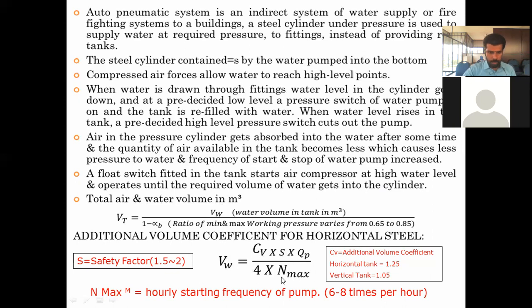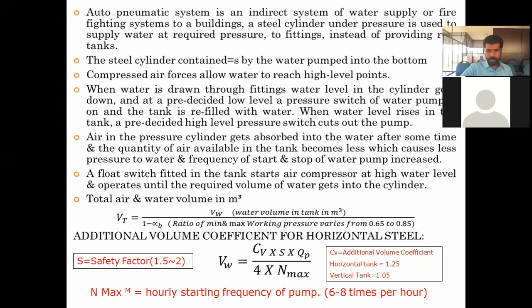CB is the additional volume coefficient. For a horizontal tank you can take S equal to 1.25, and for a vertical tank 1.05. So you will be having a cylinder; you can have a vertical cylinder as well as a horizontal cylinder.